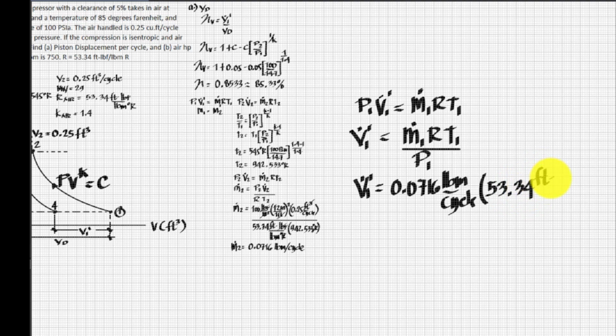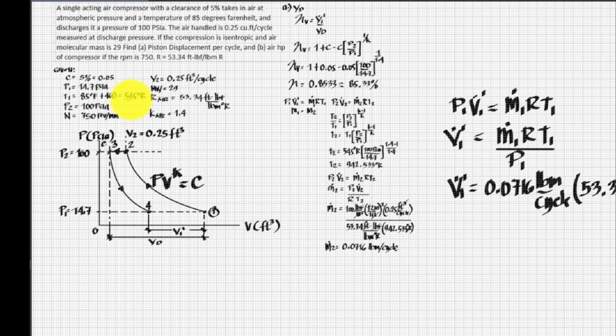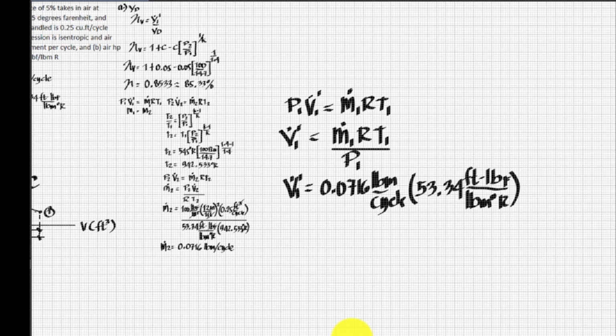That will be foot pound force per pound mass degree Rankine. And this is multiplied with the temperature T sub 1. So T sub 1 natin dito, it will be 545. So multiplying 545, that will be degree Rankine.